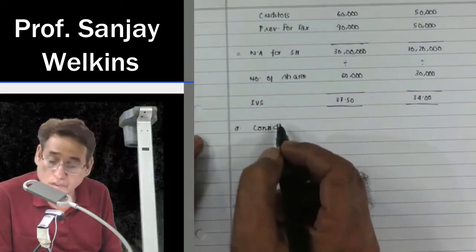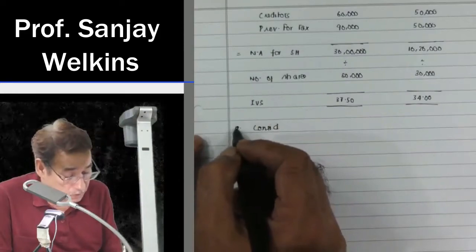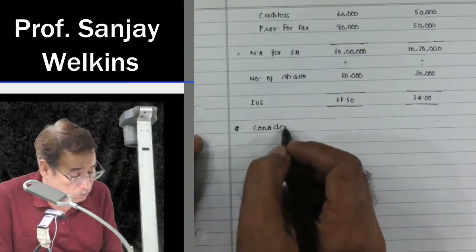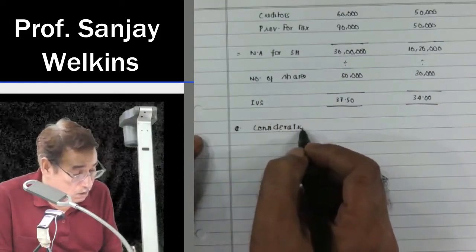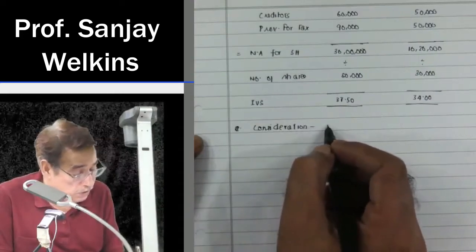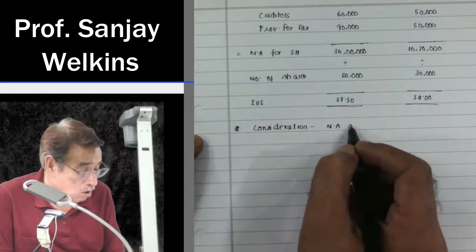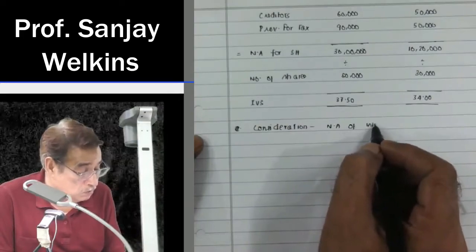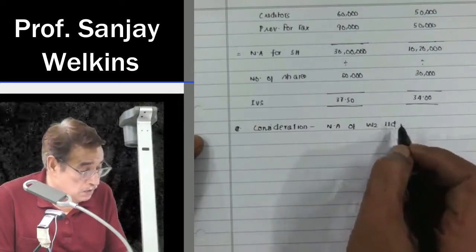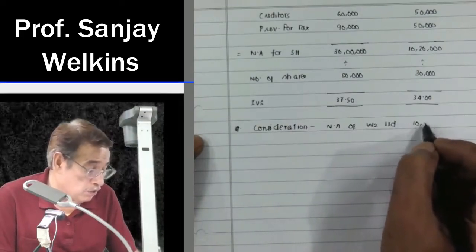Consideration. This is your step number E. Consideration is nothing but net assets of W2 Limited. Net assets of W2 Limited is equal to 10 lakh 20.